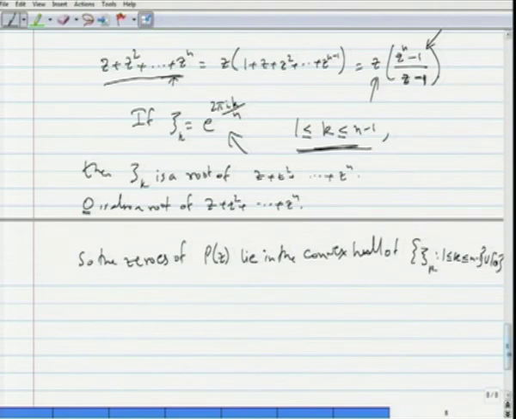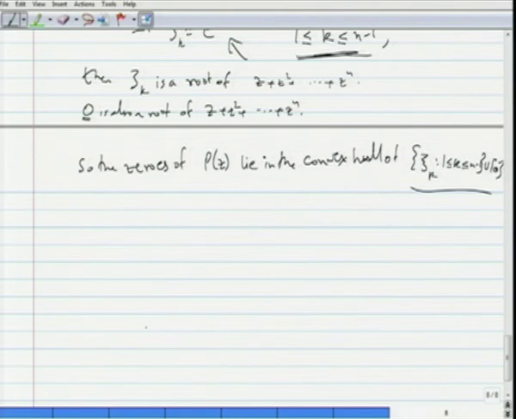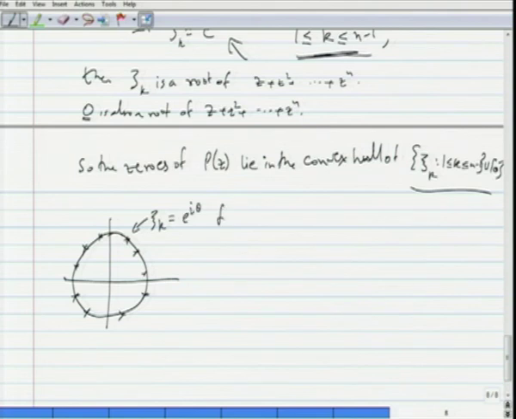Okay. But now, what is the convex hull of these? Well, the roots of unity lie on the unit circle. Okay. So, they divide the unit circle into equal number of circular pieces. Okay. So, these zeta k lie, okay, they look like e power I theta for some theta and lie on the unit circle. Okay, and 0 is in the center.